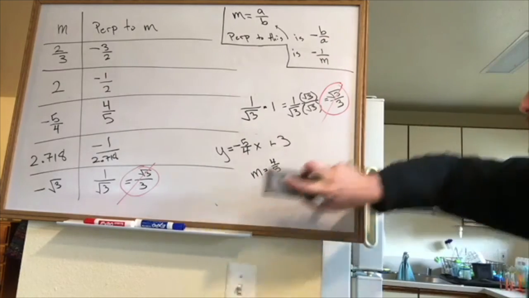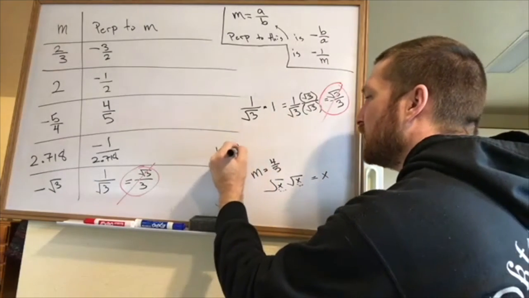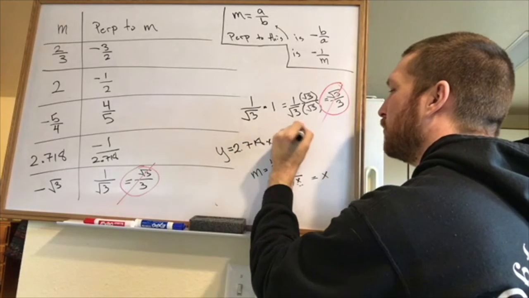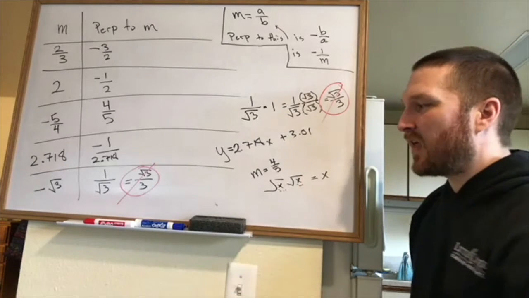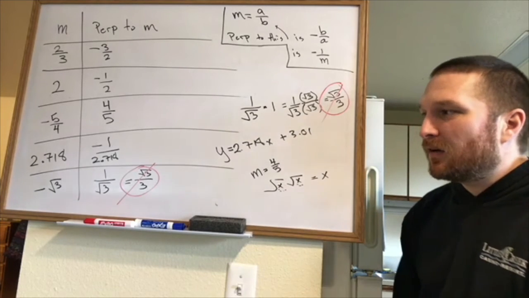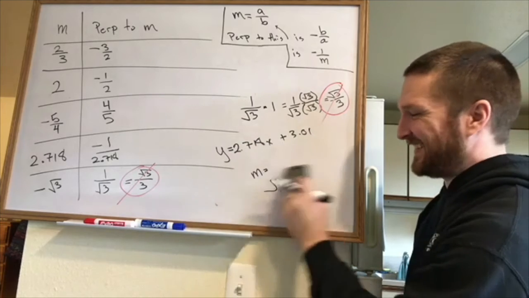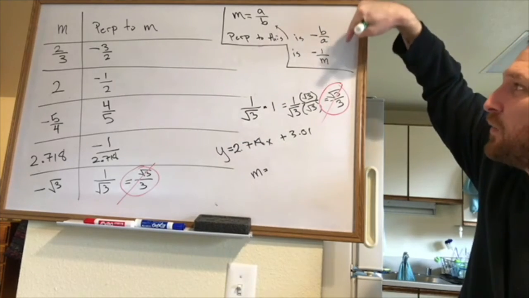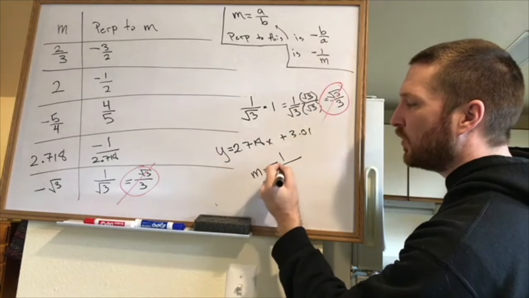If you had something weird like 2.718x plus 3.01, and we needed a perpendicular line to that, you might go, wait, what? How do I? Don't use your brain. We've already done the hard work. We know that we could just take -1 over the slope.